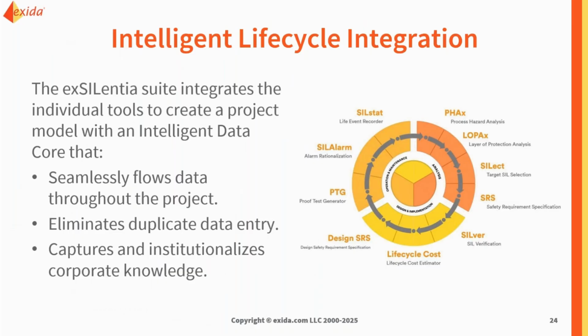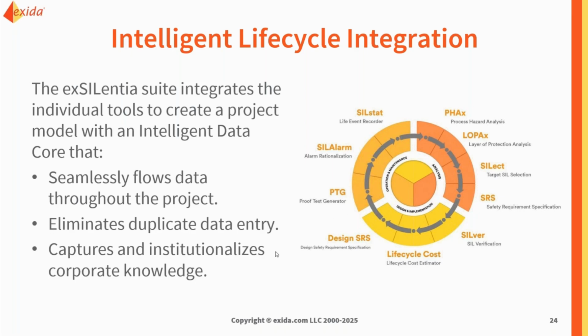From the tool point of view, the Exida tool, some of you may be familiar with that and are using it currently, but basically we have these particular modules that follow through the life cycle. Once you get information into any one of these, it's available to the others.